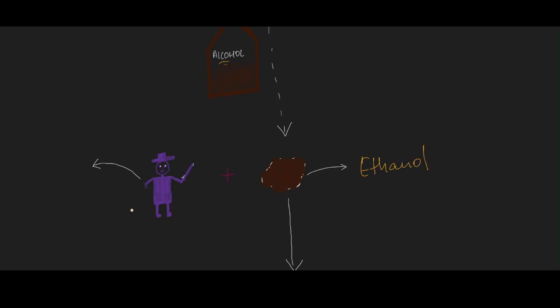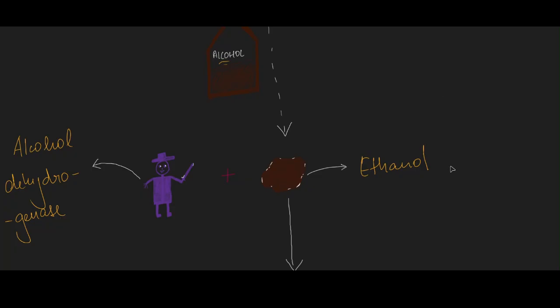Now you see the soldier over here. It's actually an enzyme that I have drawn over there. This enzyme is called alcohol dehydrogenase.